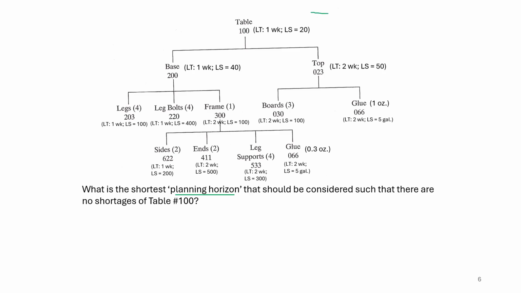So the lead time for the table is 1 week. The lead time for the top is 2 weeks. We're only considering the right side. Now the lead time for the boards is 2 weeks and the lead time for the glue is also 2 weeks.